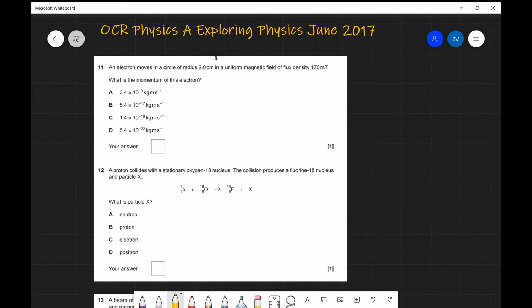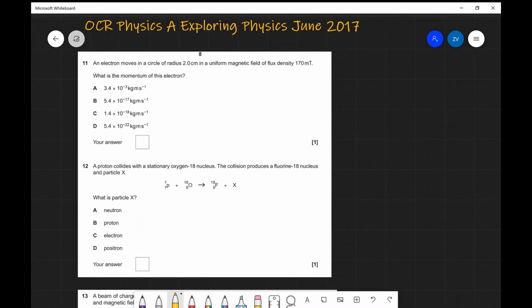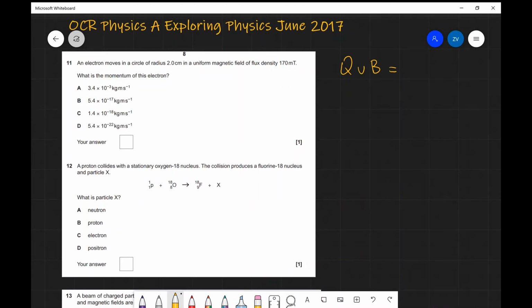Question 11. An electron moves in a circle of radius 2 centimeters in a magnetic field of flux density 170 milliteslas. What is the momentum of this electron? Anytime we have an electron moving in a circle in a magnetic field, we can set the magnetic force, QvB, equal to the centripetal force, which is mv squared over r.